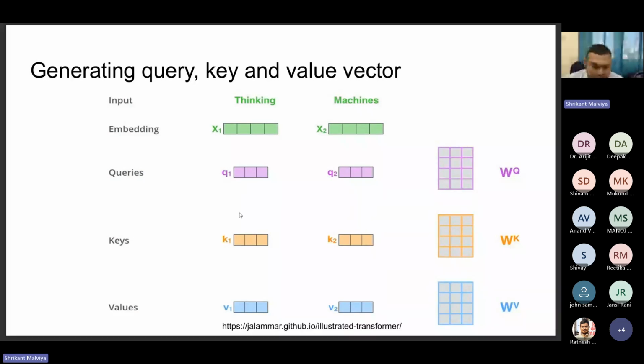So these are the query, key and value matrices, which will be multiplied with x to get the query, key, value vectors, which will be used later for estimating the attention.